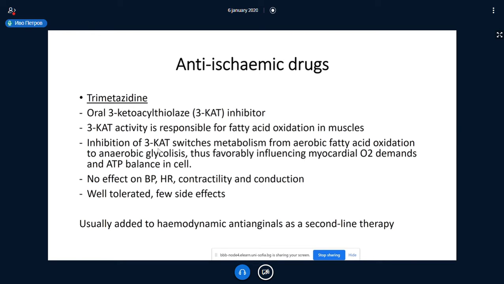Trimetazidine is a very interesting drug that is in fact a 3-ketoacyl thiolase inhibitor. In fact, this mechanism of inhibiting the 3-KAT enzyme is teaching the myocardial cells to switch the metabolism from aerobic fatty acid oxidation to anaerobic glycolysis.